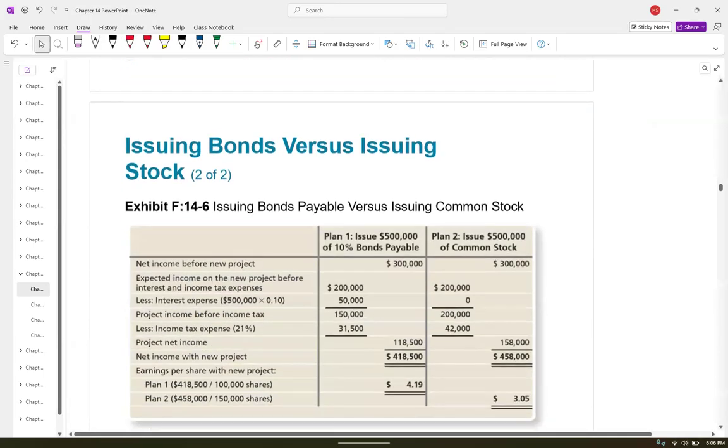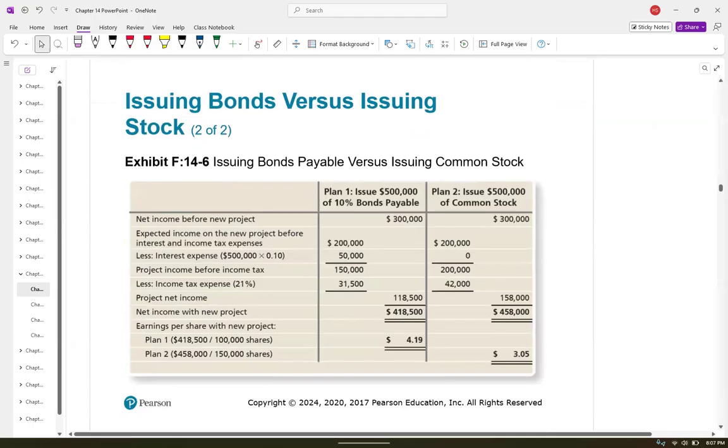Okay, here we have an illustration of issuing bonds payable versus issuing common stock. Plan one is to issue 500,000 of 10% bonds payable. We have net income of 300,000.